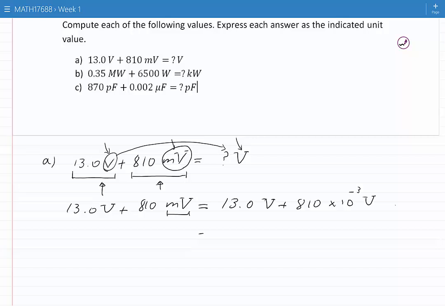Now this is 13 volts plus 810 times 10 to the minus 3, which is 0.81 volts. If we add these two values, now they have the same unit, so we can simply add them. We will get 13.81 volts, which is the final answer.